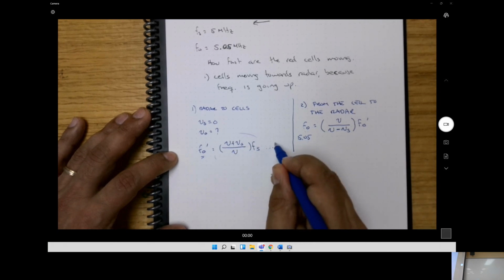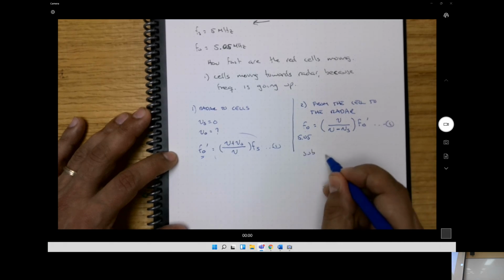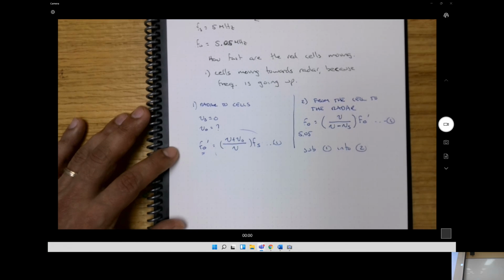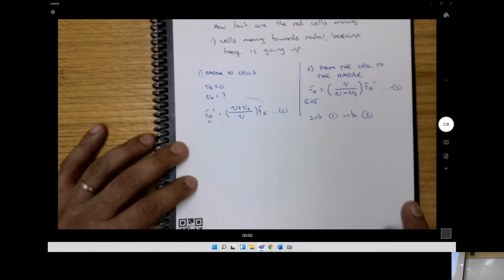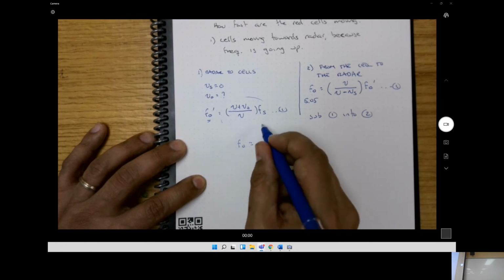So I'm going to call this equation 1 and this equation 2, and I'm just going to substitute equation 1 into 2. Okay? So I'm going to end up with this, and some of them are going to cancel.